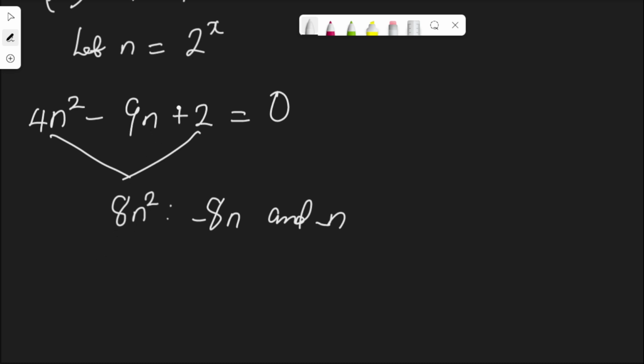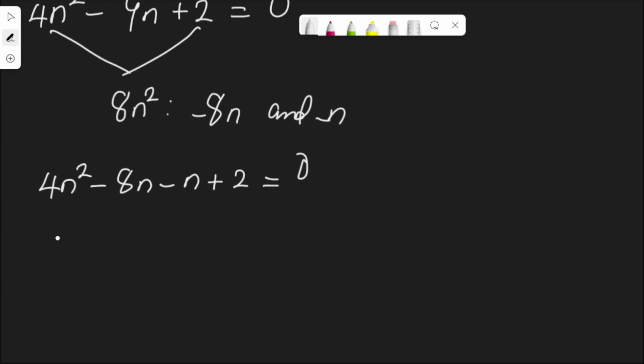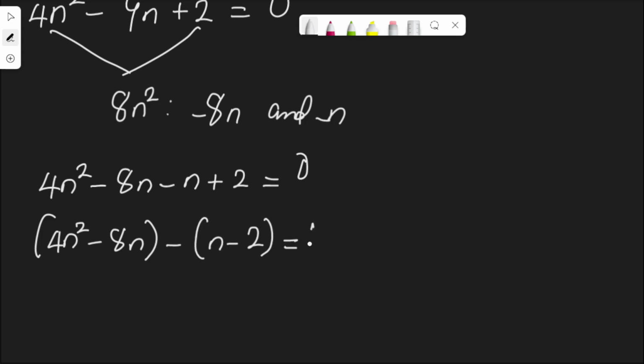So we're going to replace this middle term now with the factors so that we have 4n squared minus 8n minus n plus 2 equal to 0. To factorize, we need to group it 2 by 2. So 4n squared minus 8n, then minus n minus 2 equal to 0.